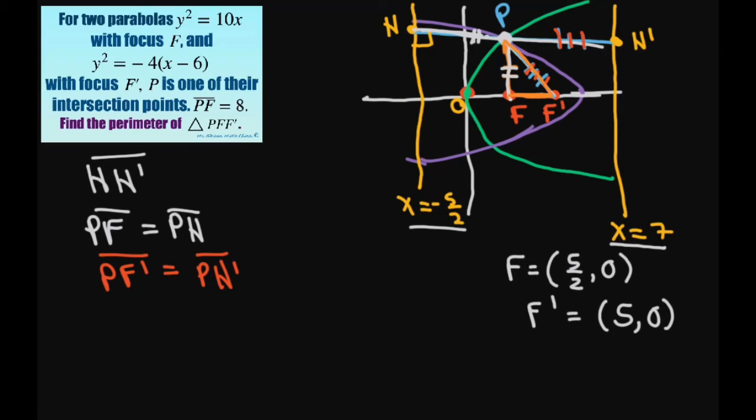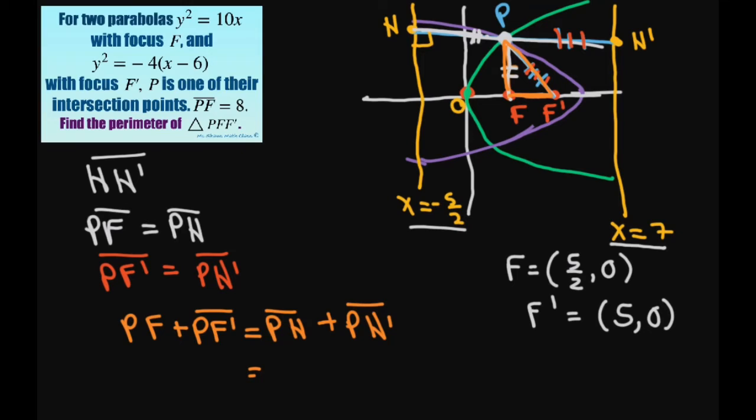So PF plus PF prime is going to equal PH, since they are equal, plus PH prime.